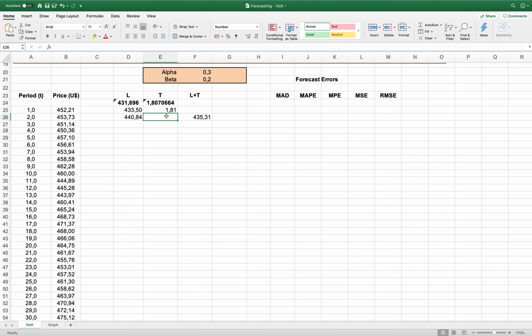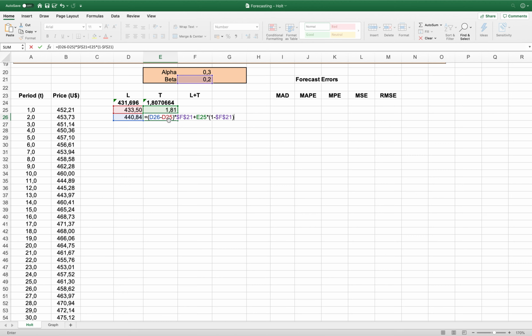To adjust the trend, we follow similar logic. What is the actual trend? The actual trend is the level of period 2 minus the level of period 1. And we multiply that by the beta, fixing the beta. Now, plus the previous trend that we had, times 1 minus the beta, fixing it, and we correct the trend.